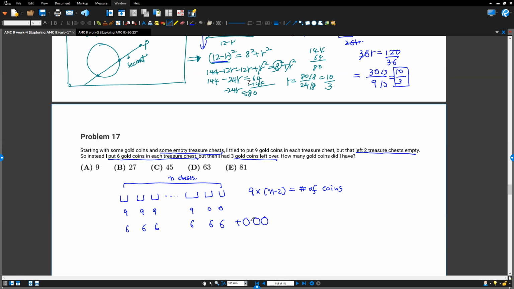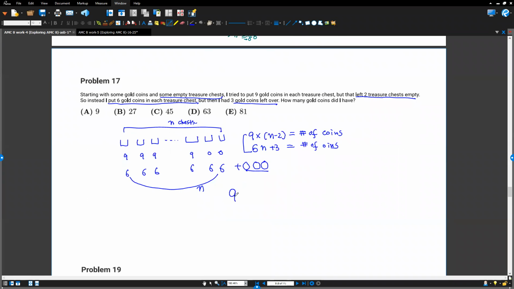But it is the same number of gold coins, right? Using this one, how many coins are there? That is n chests, 6 times n, and another 3 left, so a total of 6 times n plus 3. That is also the total number of coins. That must be equal. We have to solve these 2 equations.